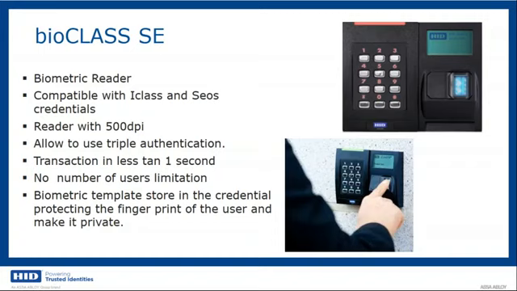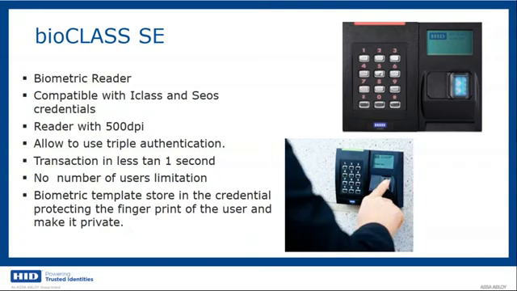This is a little bit of a specification of this reader. The name of the reader is BioClass SE, HID's biometric reader. It is only compatible with iCLASS and CIOS. iCLASS and CIOS are two credential technologies that HID has developed. It has a resolution of 500 dpi, okay?